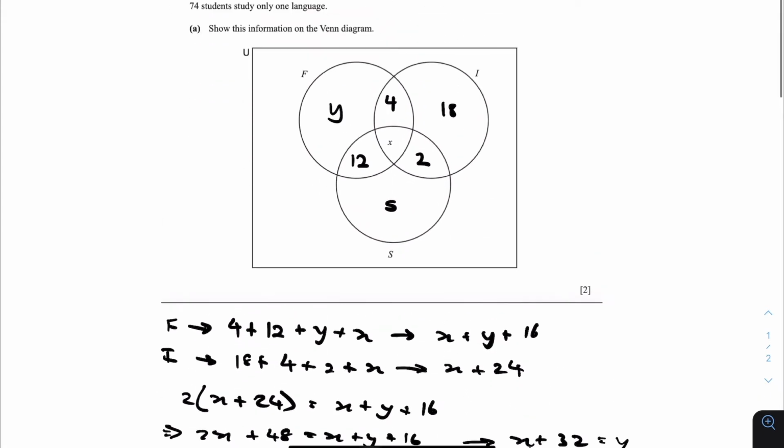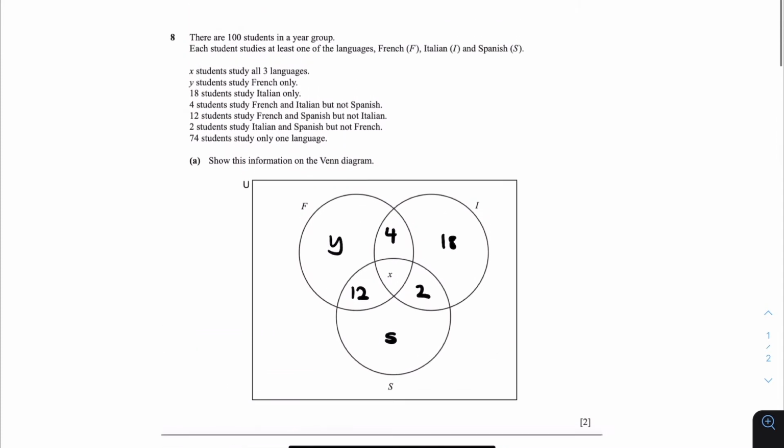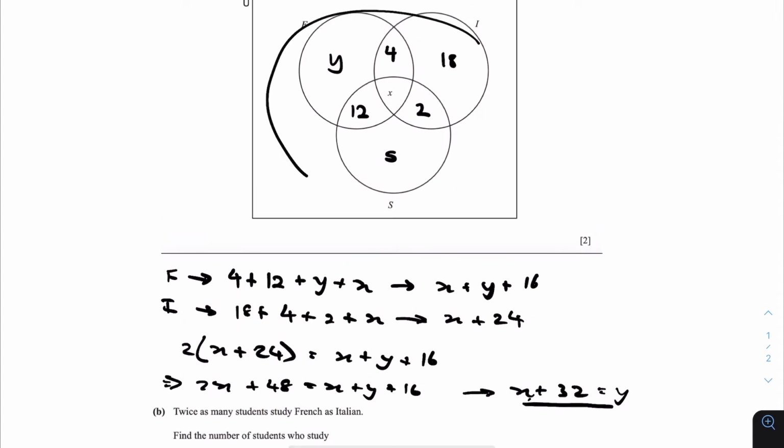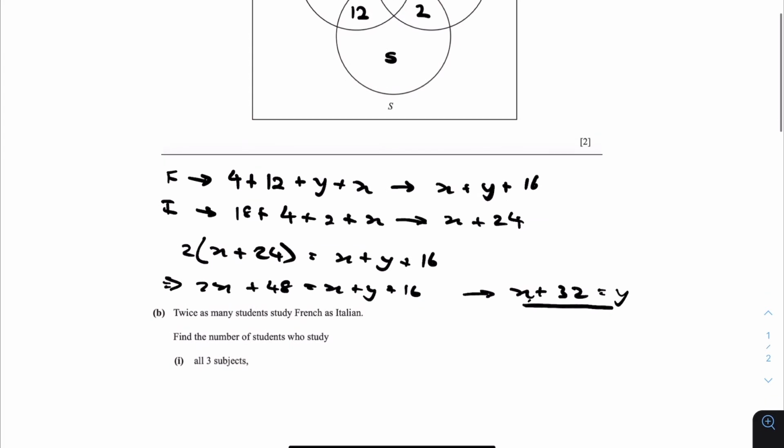All right, so we have to resort to another equation. It says that each student studies at least one of the languages. So that means we can try and add everything up over here. So S plus X plus Y plus 2 plus 4 plus 12 plus 18 is equal to 100.